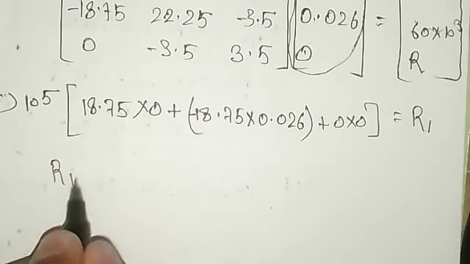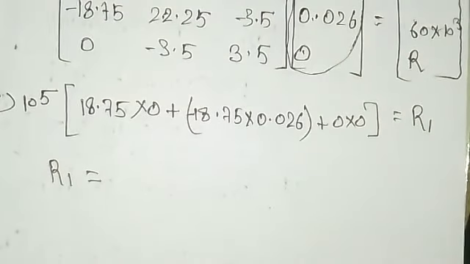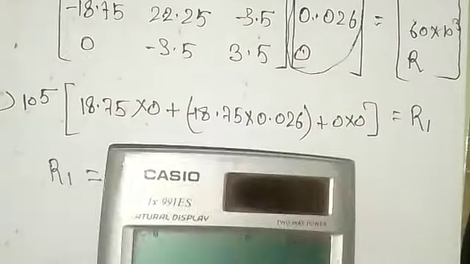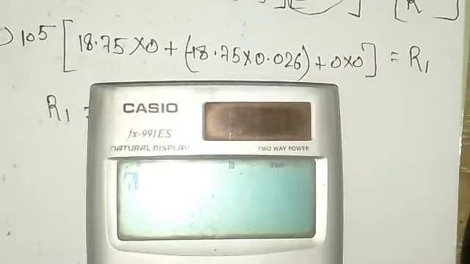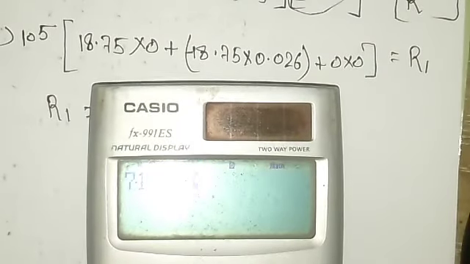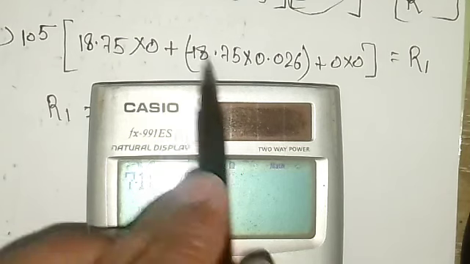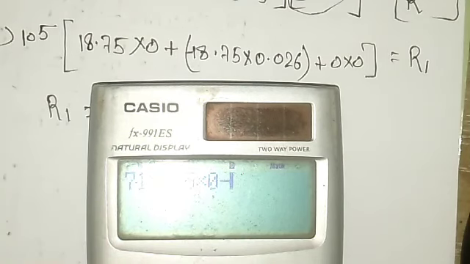That is R1 is equal to what? Let me check. 18.75 into 0, right? The plus and minus will become minus, so I'm writing minus only. 18.75 into 0.026, right? Again plus 0 into 0.